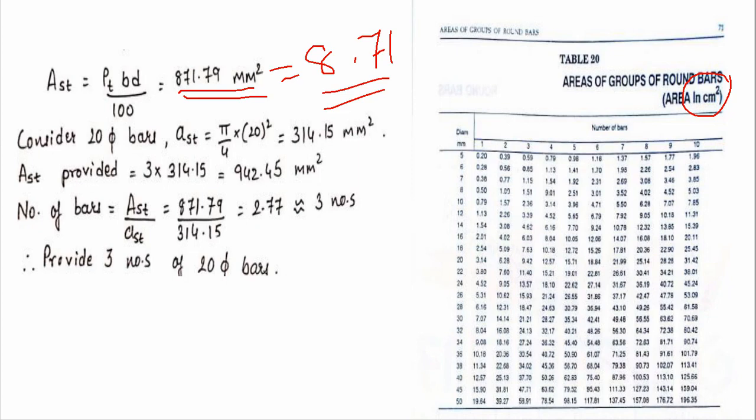Here we can see that there are plenty of bars to consider from 5 to 50, but for our chapter, the singly reinforced RC beam, we will take only a small range of bars, always 12 to 24 mm dia.